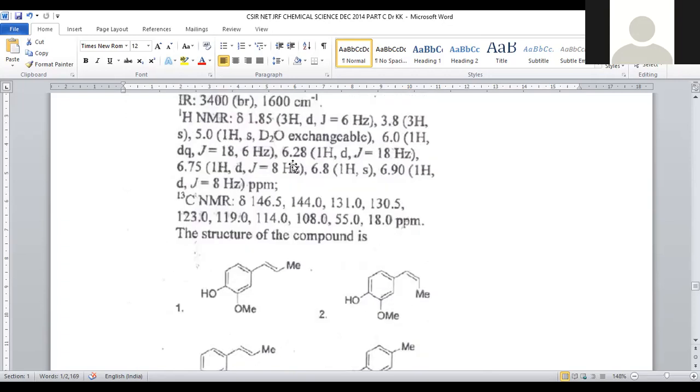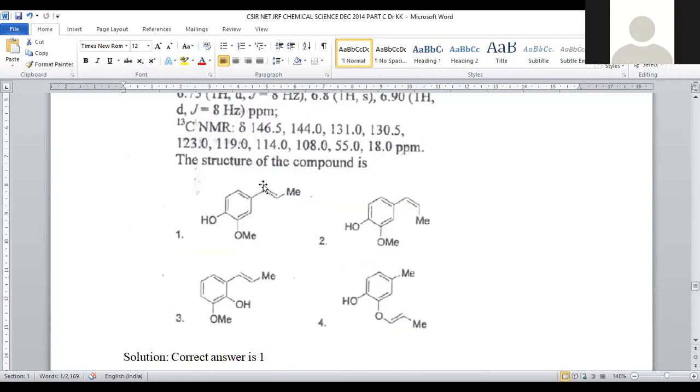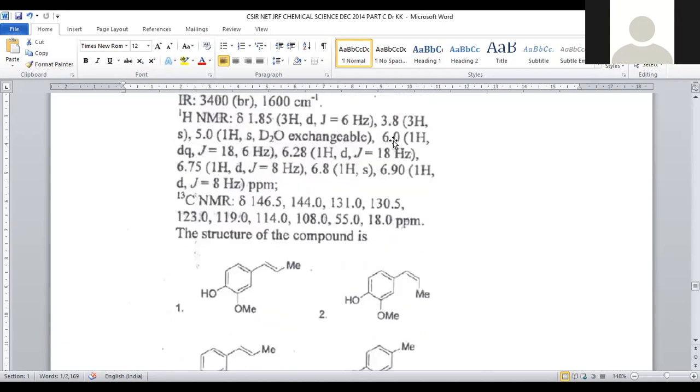And let us move on to further options. 6.28, 6.75, 6.8, 6.9. Sorry, 6.0 and 6.28. These two belong to what? Both belong to vinylic protons only. Here a vinylic proton is there, here a vinylic proton is there. Both correspond to 6.0 and 6.2.